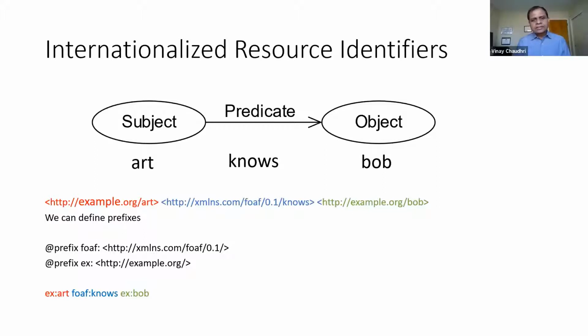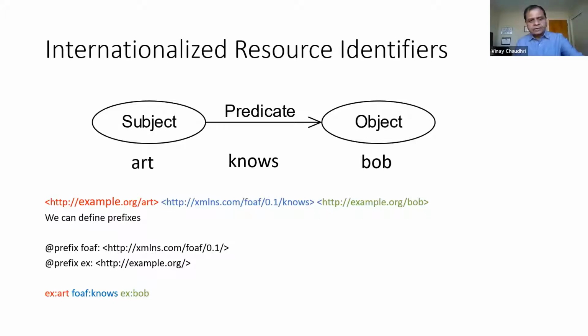As we can see, these IRIs can get verbose, and to get around that, RDF gives us a facility to define prefixes. If we define a prefix, for example, FOAF: is a prefix for the URL shown here, http://xmlns.com/foaf/0.1, then we can shorten the URLs.